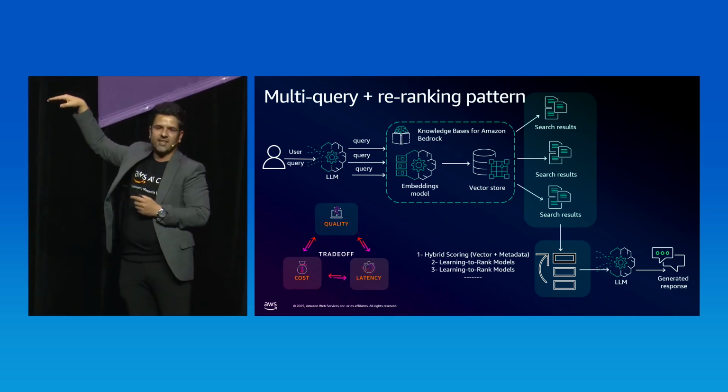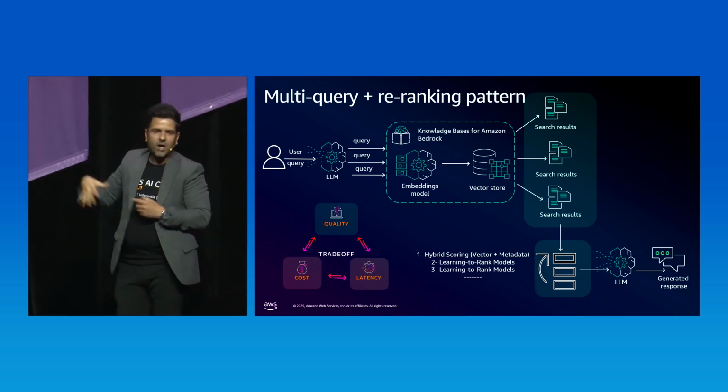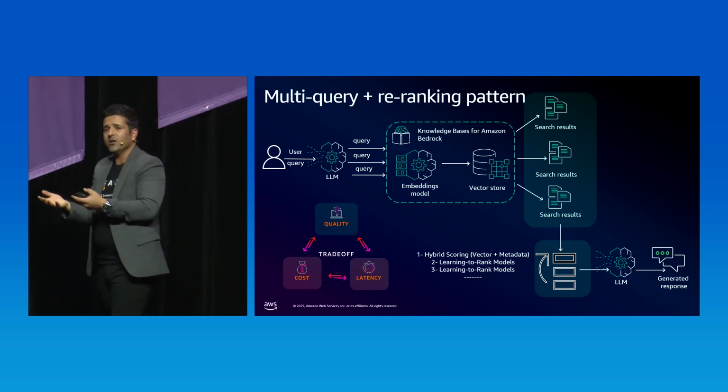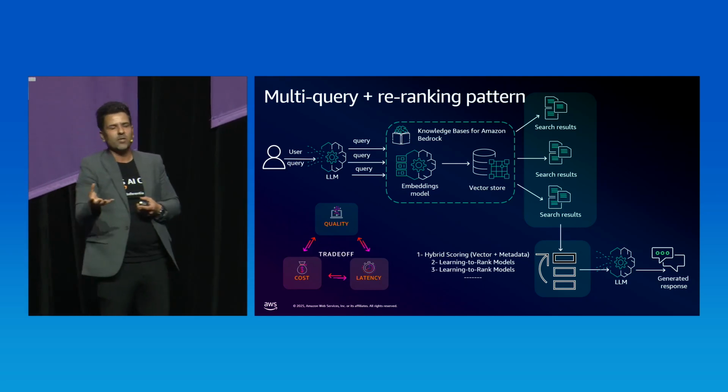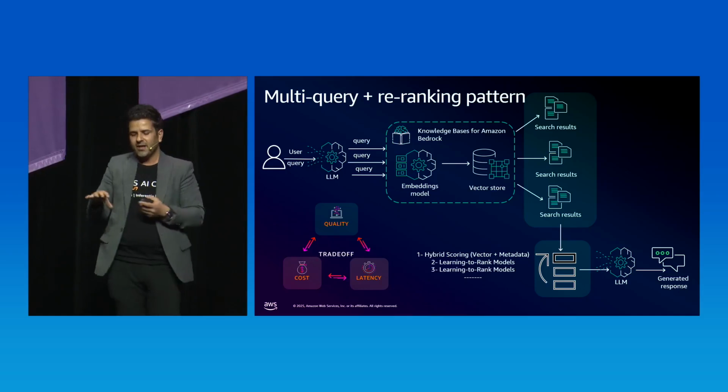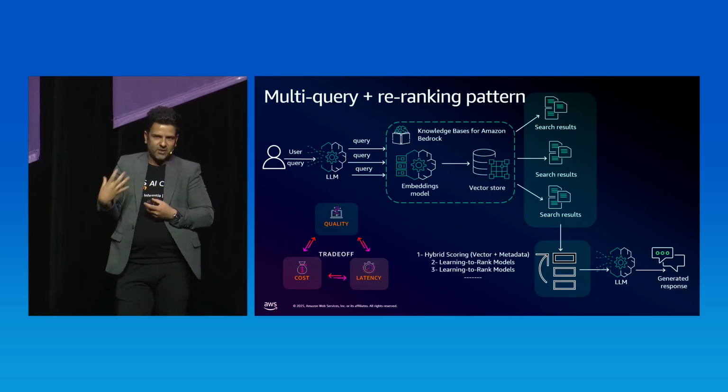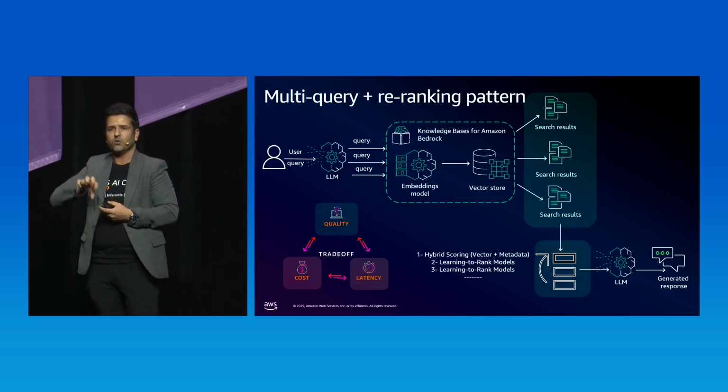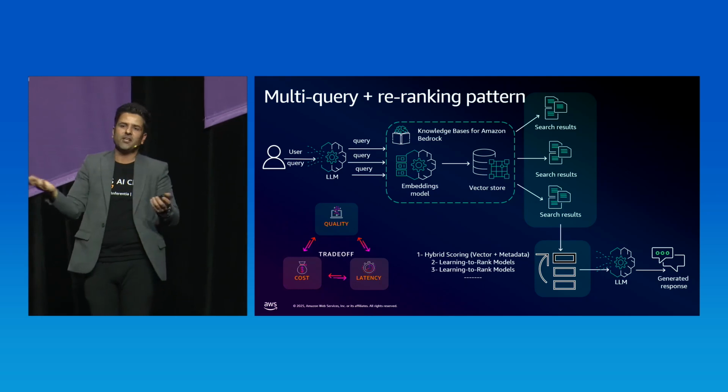There are some methods that you can use, whether you use hybrid scoring or another model to help you do that re-ranking. And with that, you make the context optimized to be submitted to the LLM to generate the final response.